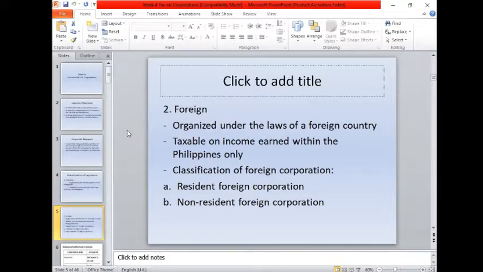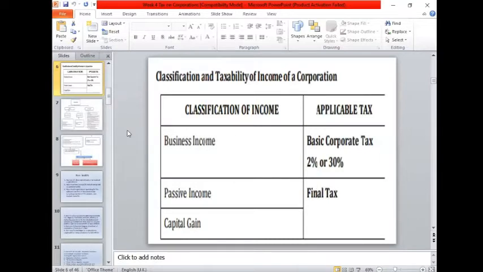Please take note that if the foreign corporation, regardless of whether it is a resident foreign or non-resident foreign corporation, whatever income they derive within the Philippines, only that will be subject to Philippine corporate tax. So this is the classification of the taxability of income of the corporation.